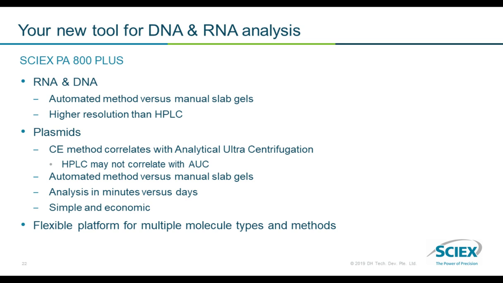The CE method correlates with the agarose gel method also, which is the manual slab gel, but using CE you get an automated method. Analysis is in minutes versus days if you are using AUC. It's simple and economic, and the system is much more flexible for multiple molecule types and methods. It's the same system, so it's kind of an open platform.